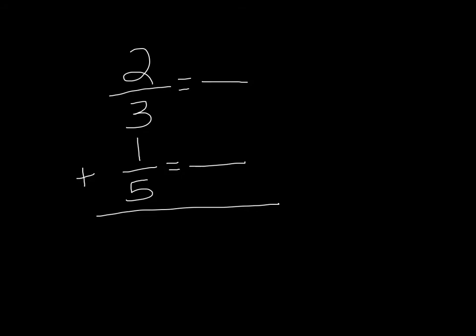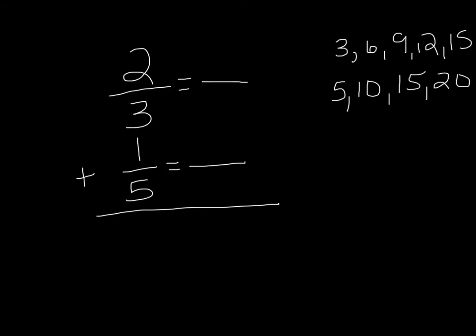Well, how do I know a denominator that I could use for an equivalent fraction for thirds or for fifths? Well, I need to think of a common multiple. So in my head or on my paper, I might start listing out the multiples of 3 and then the multiples of 5 until I find a multiple that they both share.